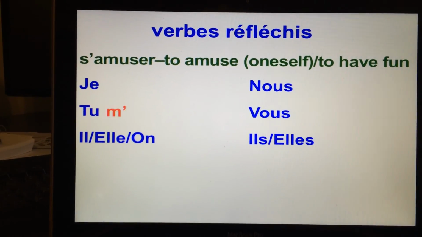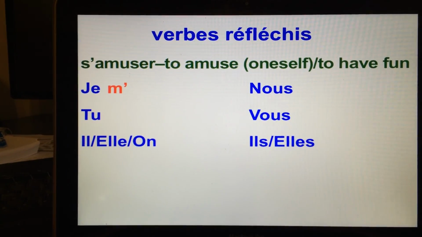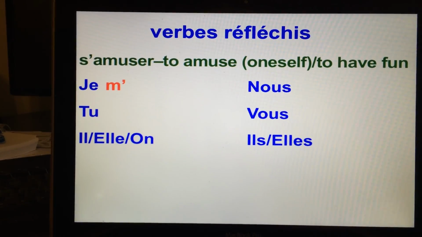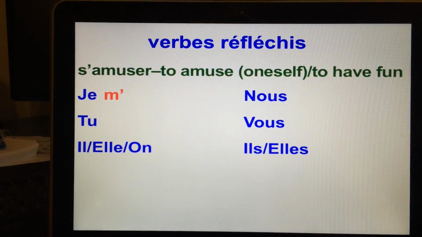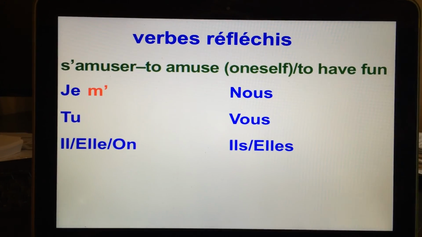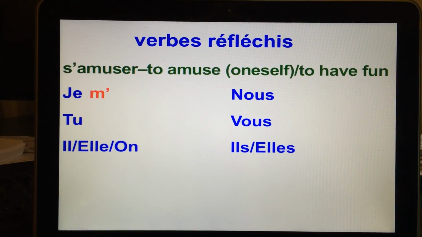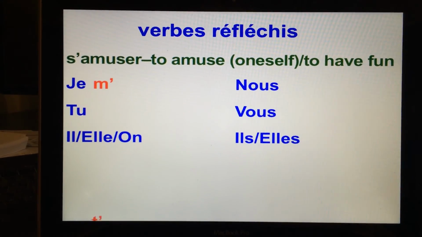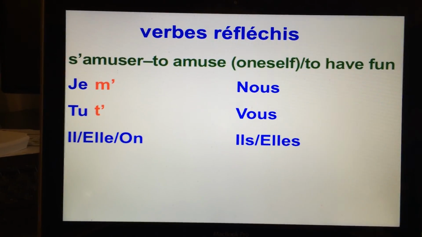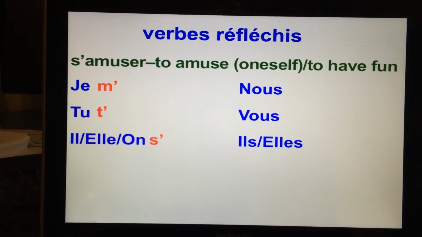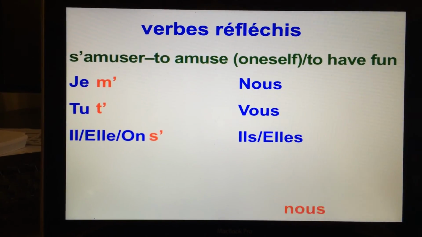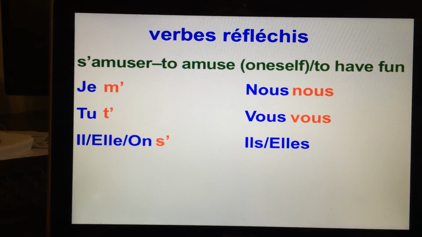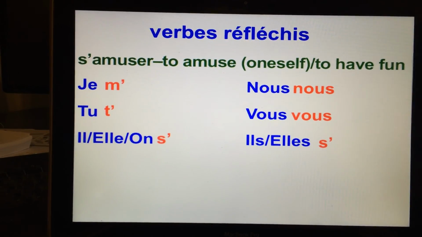For je, our reflexive pronoun now is actually m', because me is one of those words in French that contracts when it is followed by another word that starts with a vowel sound. So me contracts to m', te contracts to t', se contracts to s', nous and vous stay the same, and again se contracts to s'.